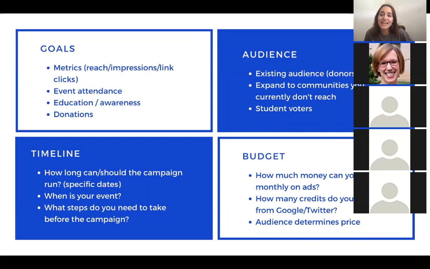So if there are certain demographics or groups on campus that don't follow your social media, but you want to make sure get the educational materials or understand about upcoming events, this is a really great way to reach those groups in a more passive way that lets them opt into coming and being part of your community.